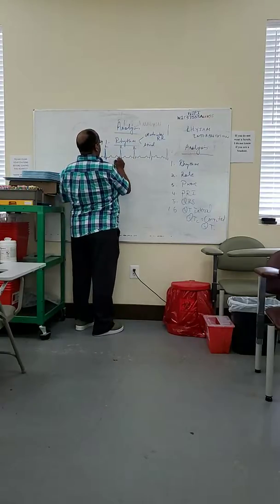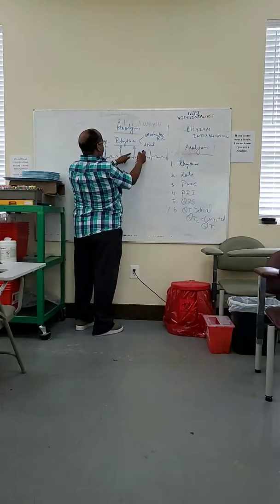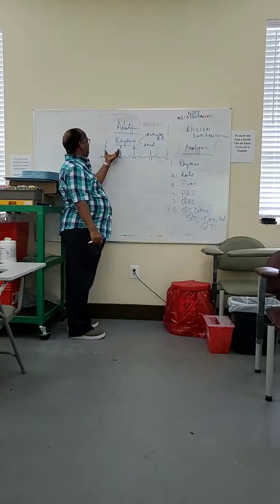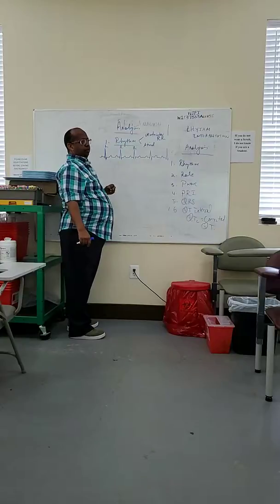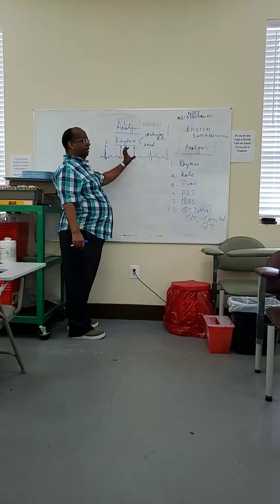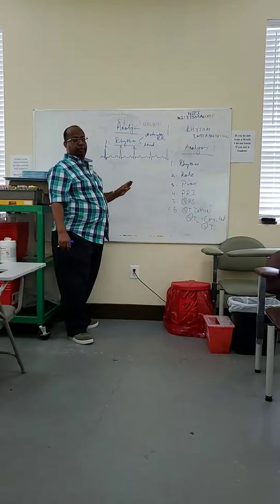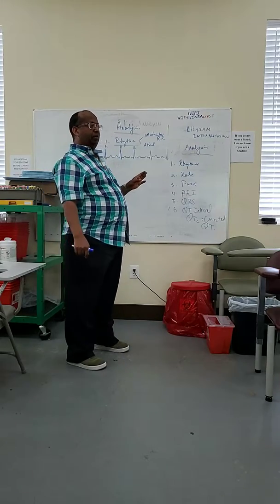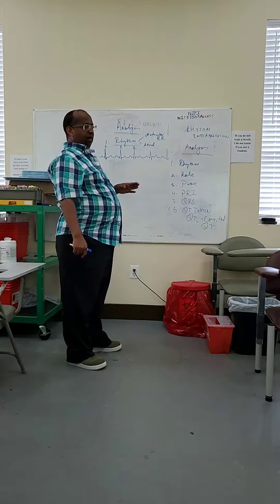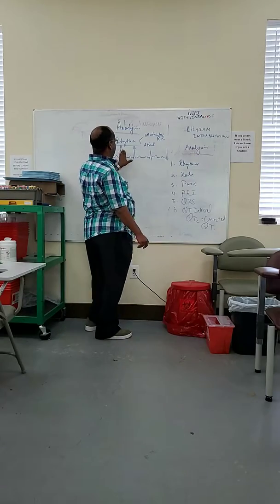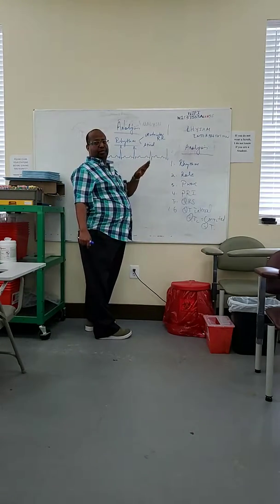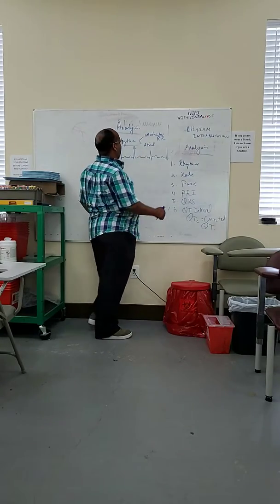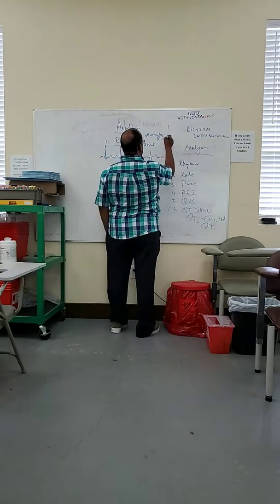The gap between this R and this R, the interval between these, tells us the rhythm. If the interval between R and R is the same all over your strip, it means it's a regular rhythm. But if it's not equidistant and the interval is not the same, that will be irregular. So the ventricular rhythm can be regular or irregular.